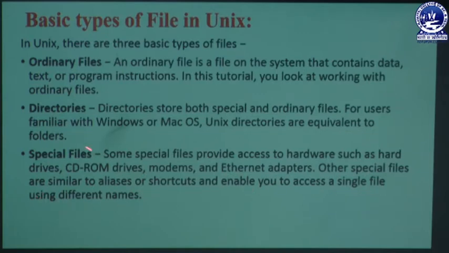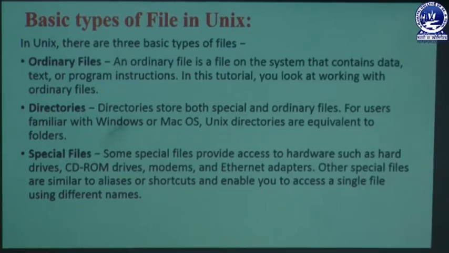That means in special files we may organize relevant information or files containing some techniques, that may be aliases. Aliases mean a copy or duplicate of a specific file, or any shortcut files, which we can also organize in special files, enabling you to access a single file using different names.